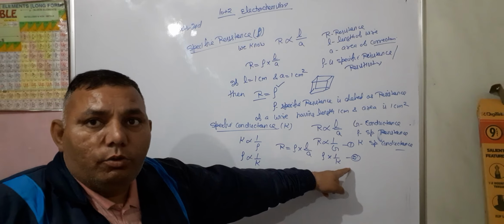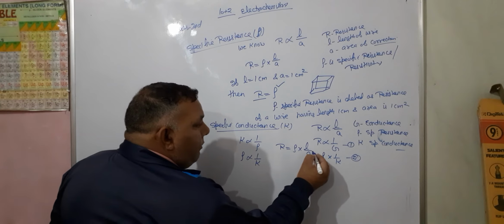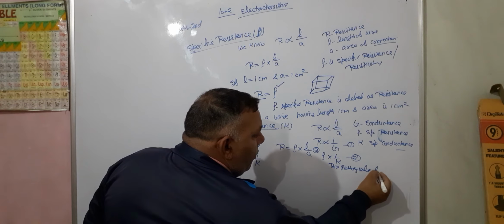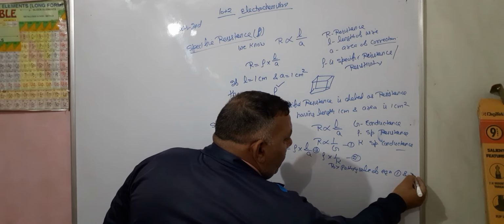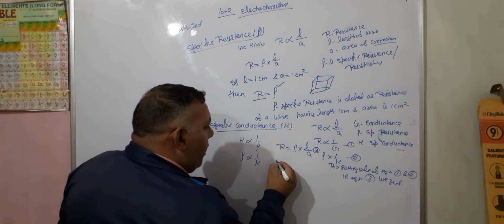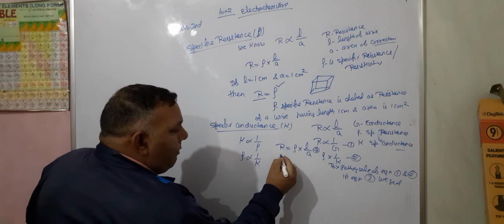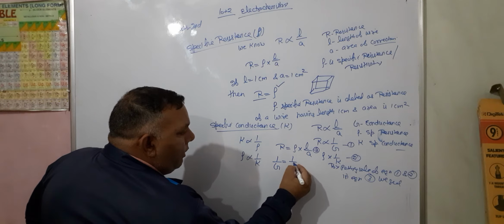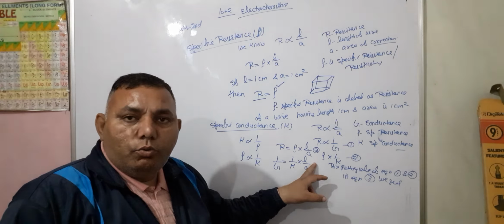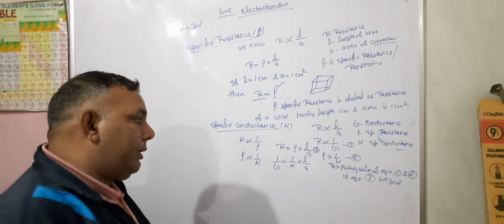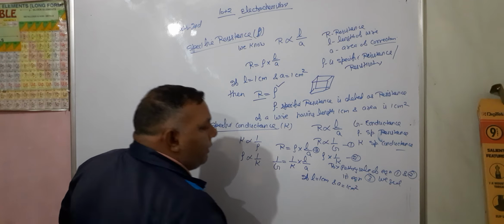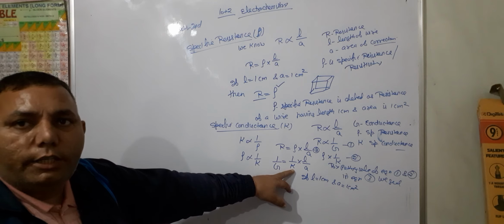By putting the values of equation 1 and 2 in equation 3, we get 1 by G will be equal to 1 by K into L by A. If L is equal to 1 centimeter and A is equal to 1 centimeter square, then how will we define K?